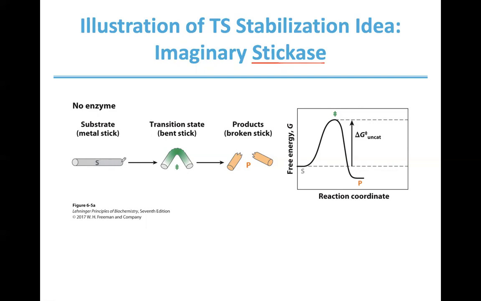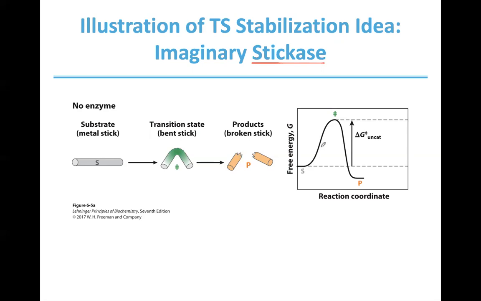The transition state to break this stick looks something like this. The stick is bent, but it's not broken yet, it's half broken. You can see that this surface here is starting to break. Eventually, when it's broken, the 2 pieces are produced.